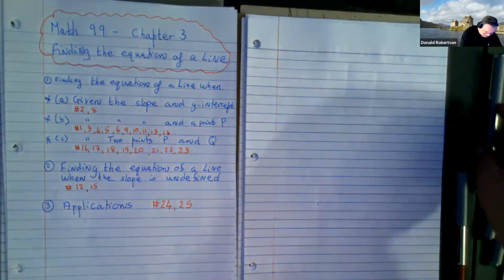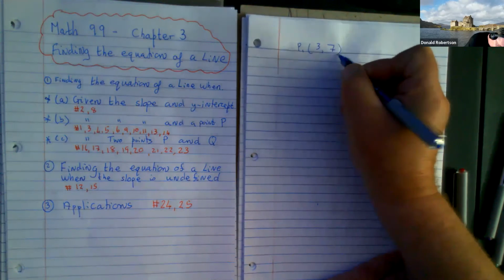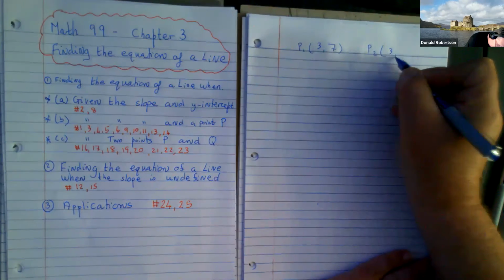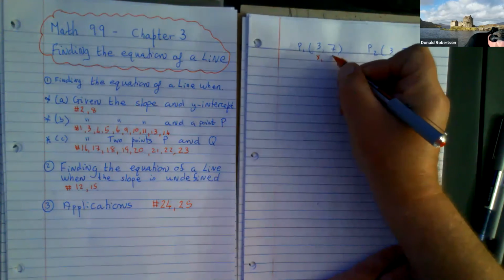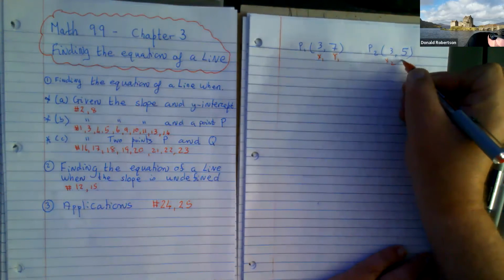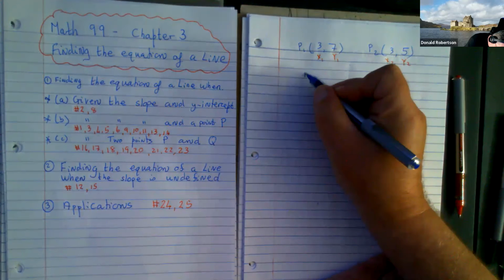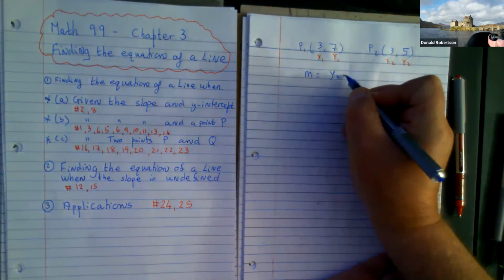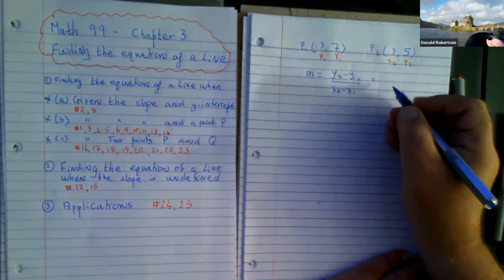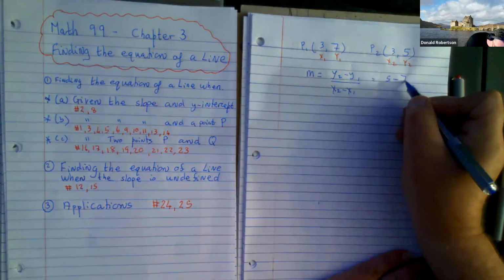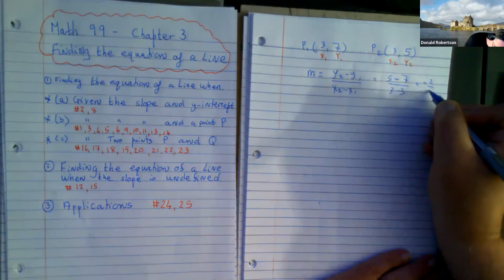Now, they could be sneaky with you. Watch what happens. Suppose I gave you a question where I asked you to find the equation of a line passing through those 2 points. Nothing too remarkable about that question. It's like a lot of others. Let's see what the slope looks like. y2 take away y1 over x2 take away x1: 5 take away 7, 3 take away 3, and then we get that.